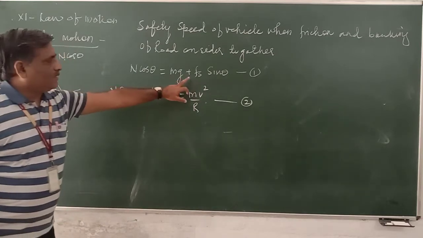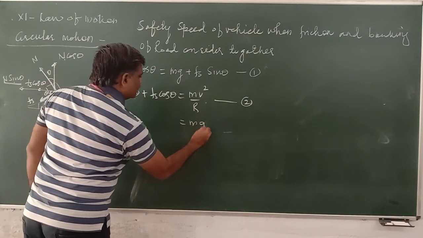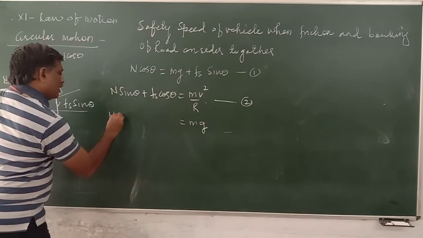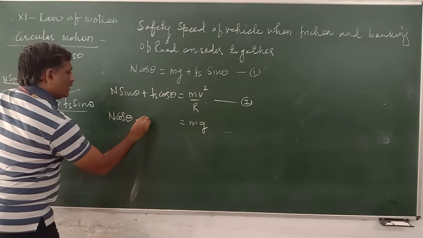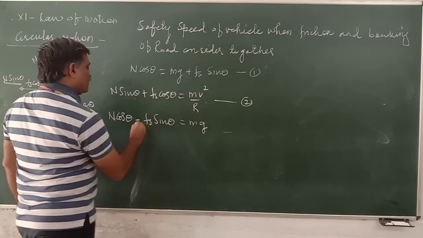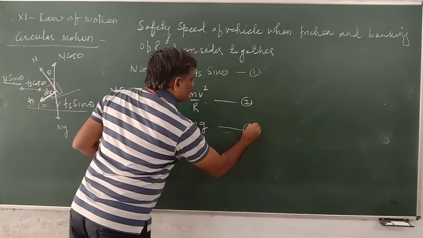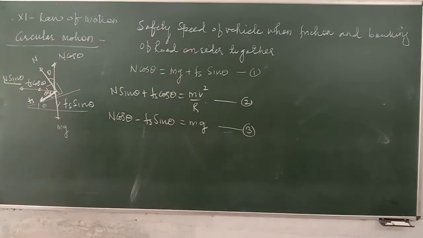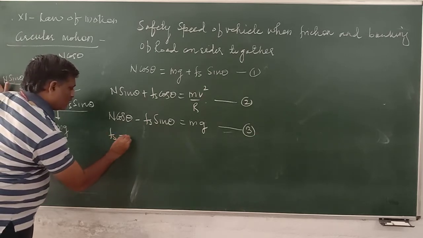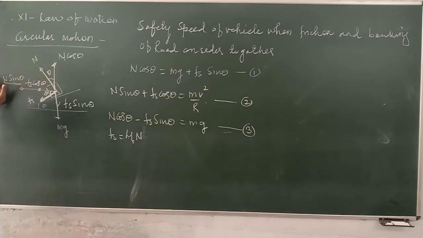Now this one you consider first. Again, we get it: this side it remains mg. It is n cos theta minus Fs sin theta, because this one will come to this side. This is nothing but equation number 3. Check. What is Fs? Fs is equal to mu s into n.